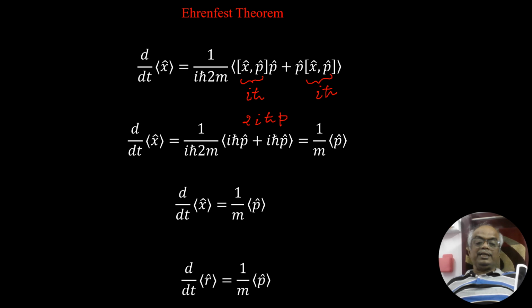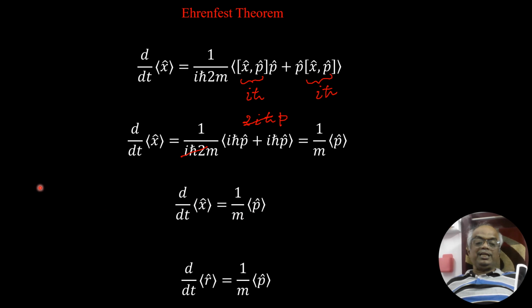So here this i h cross 2 you can cancel with this 2 i h cross. So only p remains in the numerator: you have the expectation value of p. In the denominator you have m. So the time derivative of the expectation value of x is equal to 1 over m times the expectation value of p.